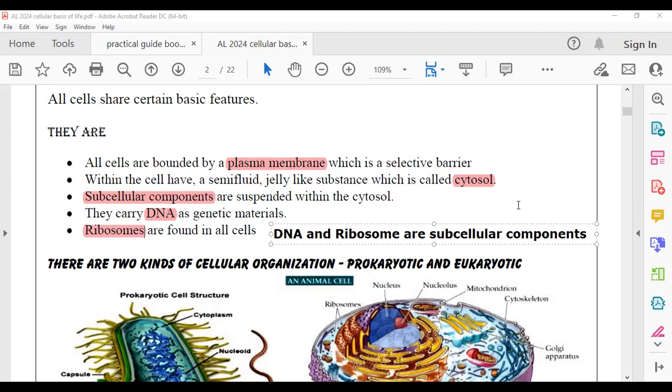Jelly is semi-fluid material. Understood? It is occupying the area covered by the plasma membrane. Plasma membrane is actually covering the cytosol.